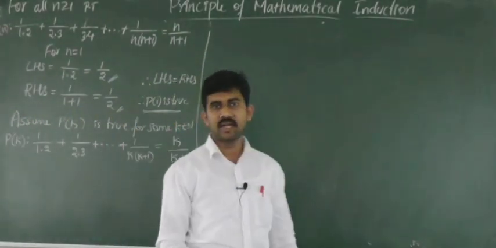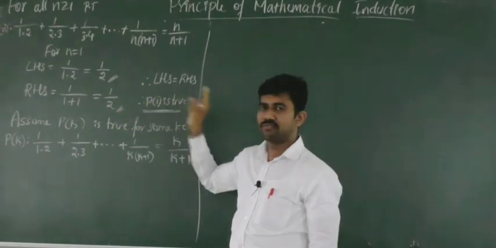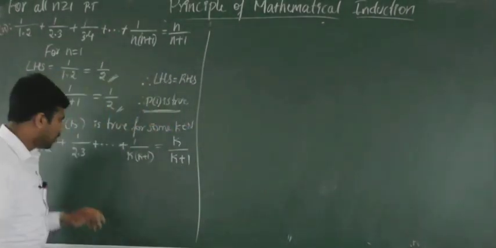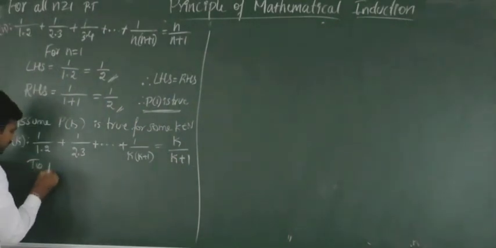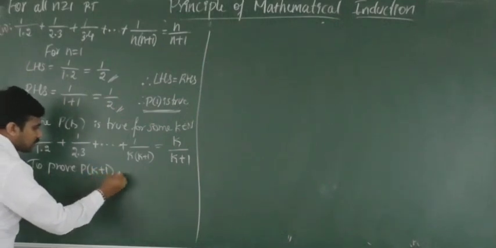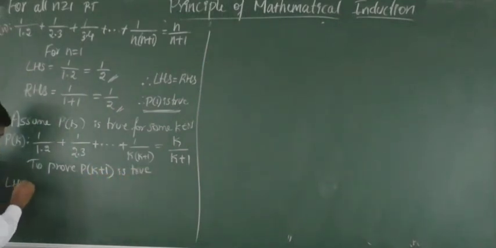So first LHS equals RHS came, P of 1 is true. After that I assumed P of k is true. And now to prove P of k plus 1 is true, consider the LHS of P of k plus 1.